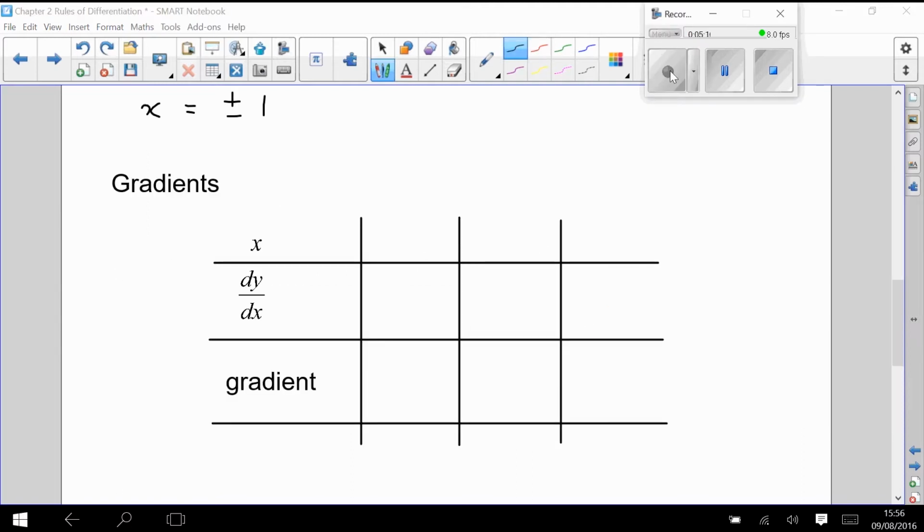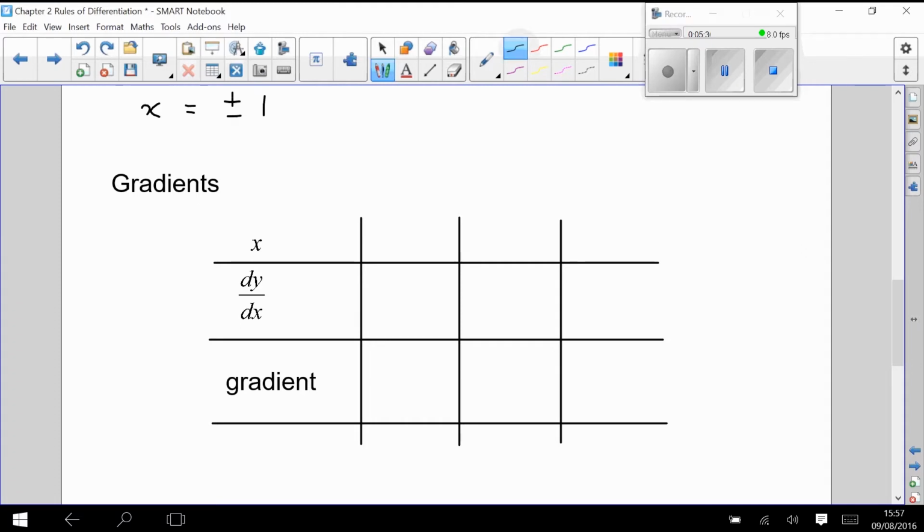Instead of doing the second derivative test to find whether it's a local maximum or a local minimum, you could have taken that x coordinate from the stationary point, and you could have substituted a value just smaller or just bigger than it to see what you would have found the gradient to be. Now we know that one of our x values, for example, was when x was 1.